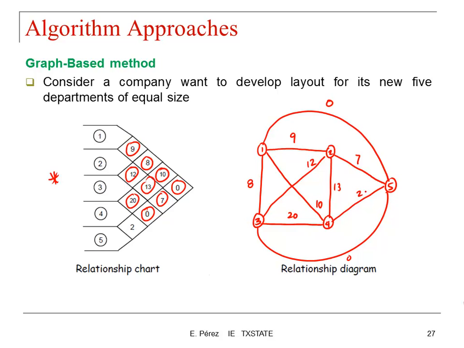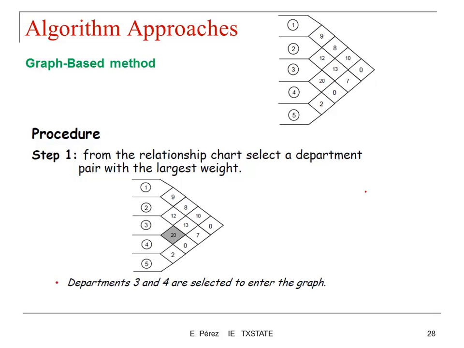So this is our relationship diagram. It's coming from the relationship graph. Our first step, from the relationship chart, is to select a department pair with the largest weight.